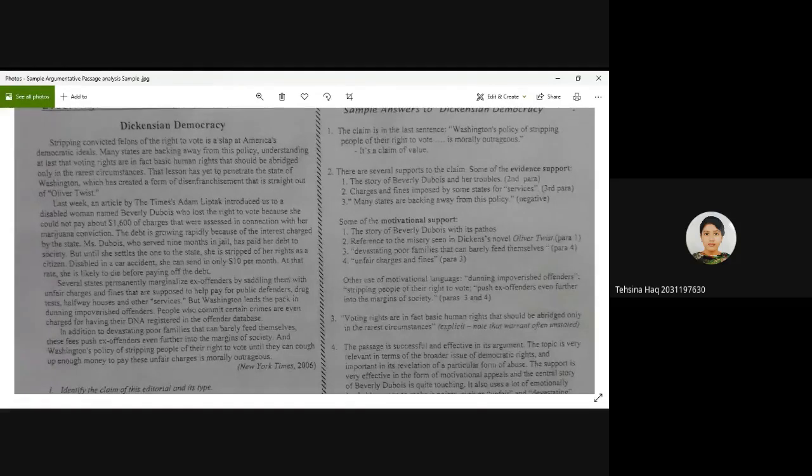In addition to devastating poor families that can barely feed themselves, these fees push ex-offenders even further into the margins of society. And Washington's policy of stripping people of their right to vote until they can cough up enough money to pay their unfair charges is morally outrageous.